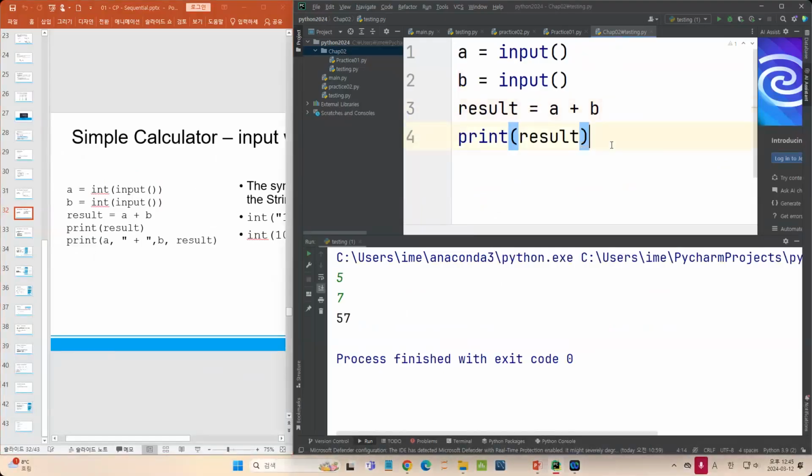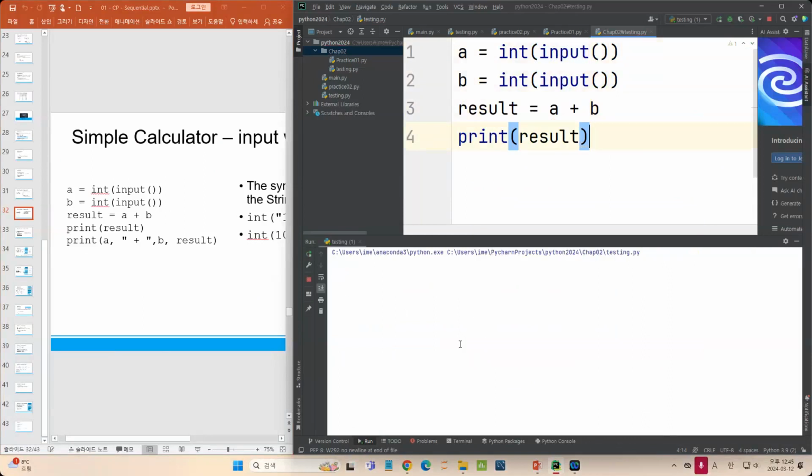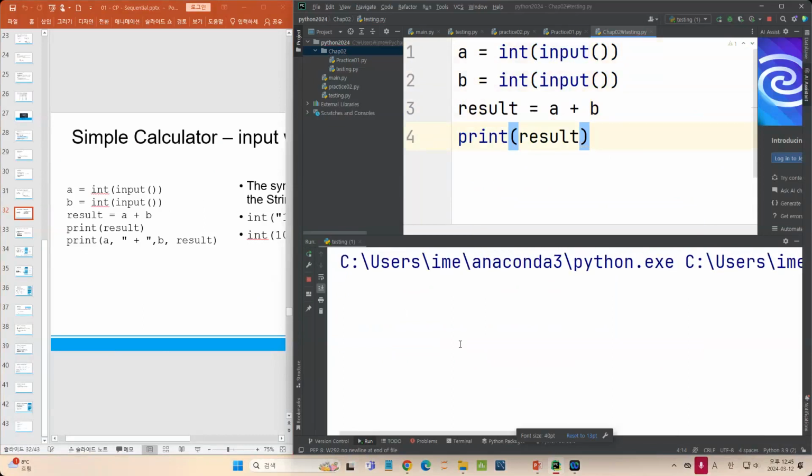So let's see. A, yeah, I would like to put it as int like this. And I'm going to put int also like this. Now I will run. The result, yeah, you need to input the value.